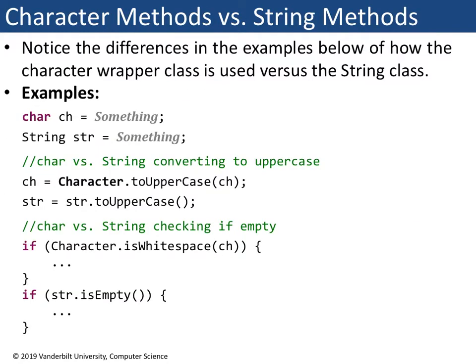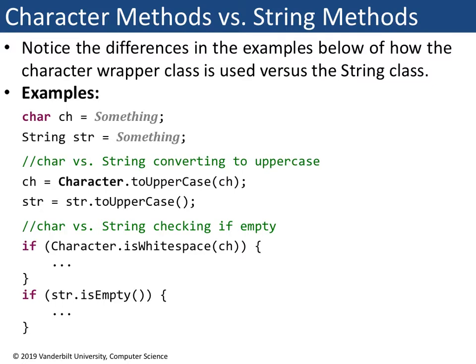So to make the differences between string methods and character methods absolutely concrete and clear, we have defined a string called str, and we've assigned it some value, it doesn't matter, and we have a char variable called ch, which we've assigned some value.